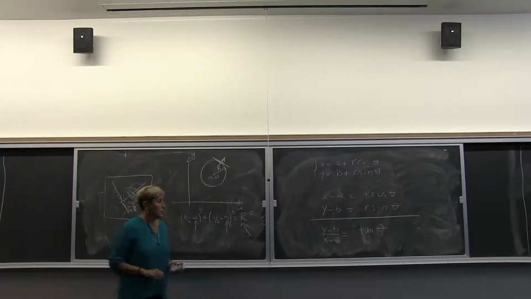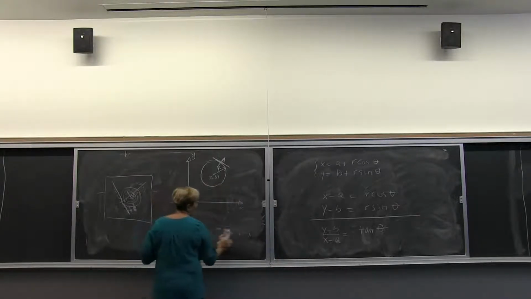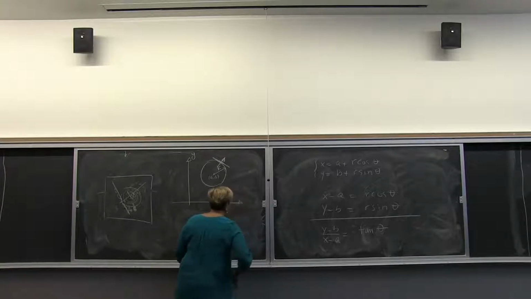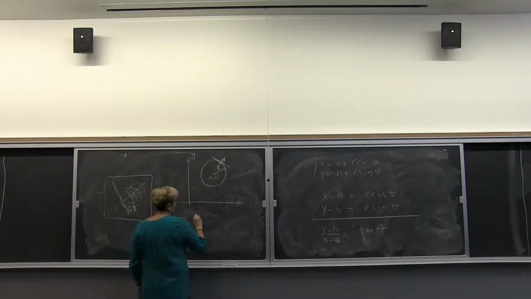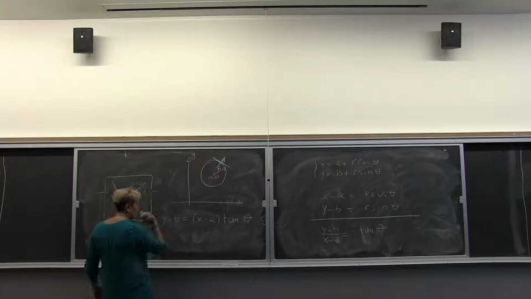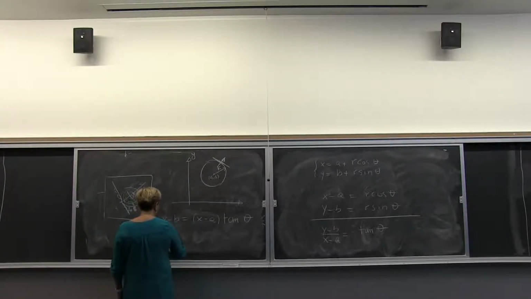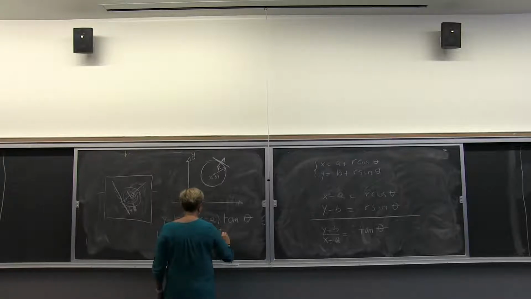So I can write this now as y minus b is equal to x minus a times tan theta, or I'm just going to write it prettier, but we're already done. I'm going to write it as b is equal to a tan theta minus x tan theta plus y.